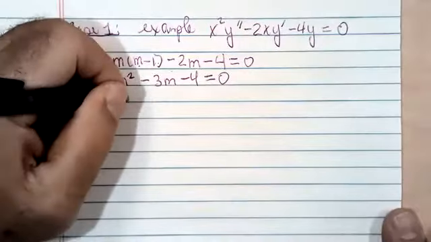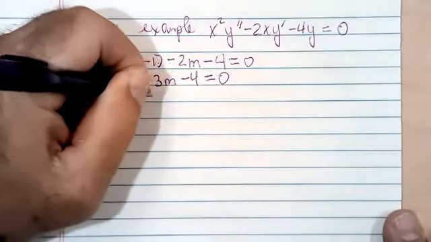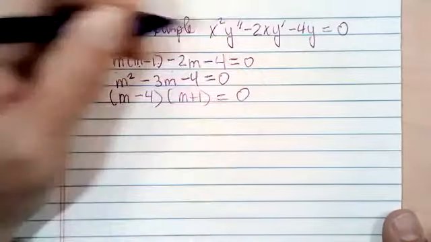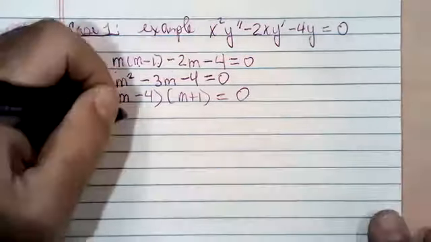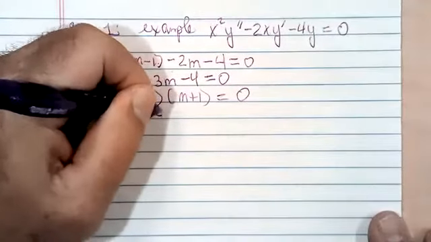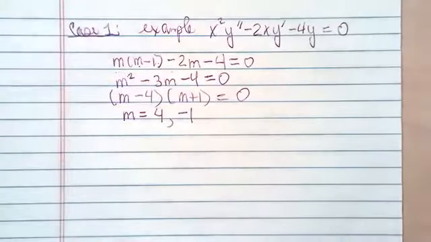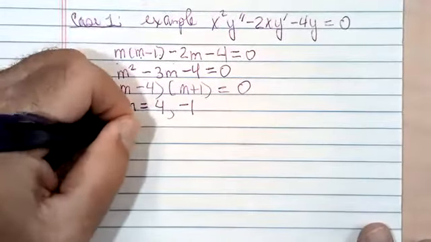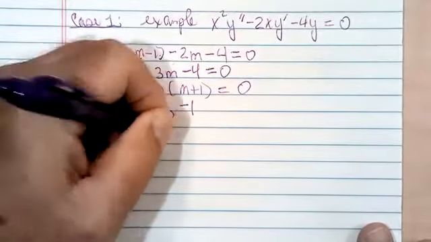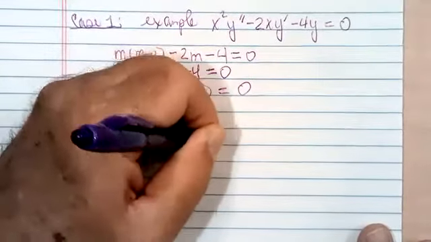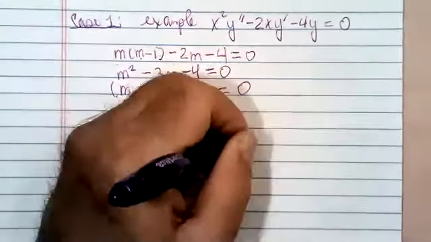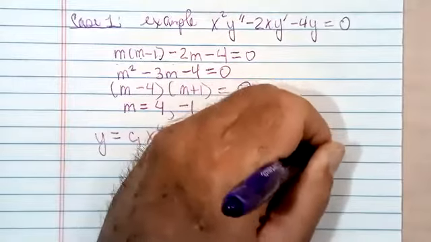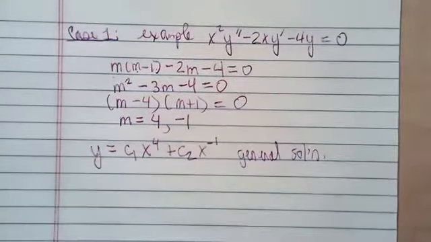Okay, now I'm hoping that this factors, and it does. So m equals 4 and m equals minus 1 are both solutions to the auxiliary equation, and therefore y equals c1 x to the 4 plus c2 x to the minus 1 is the general solution to this Cauchy-Euler equation.